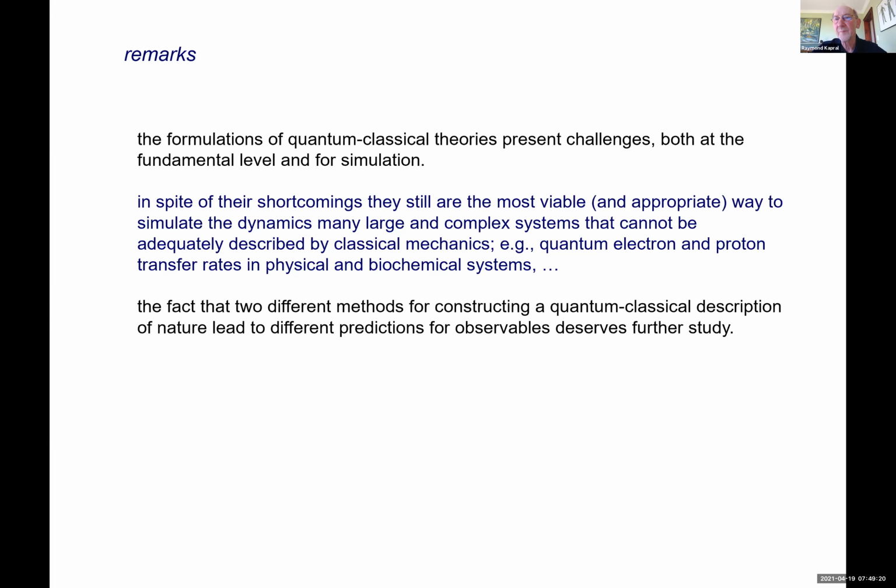A lot of the manipulations that you make, so for instance, if you have a correlation function involving operator B at time t and A at time 0 averaged over an initial equilibrium density, then all of the usual manipulations that you make in either quantum or classical mechanics, say for instance, that the evolution of a product of operators is the product of their evolutions, do not hold. And that's because of the breakdown of the Jacobi identity.